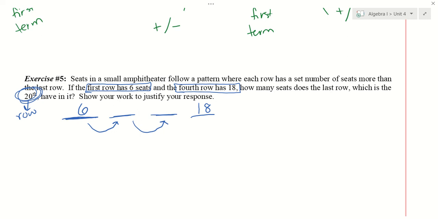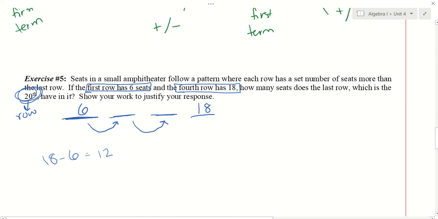Let's say if I put a 9 there, so I'm plus 3. 6 plus 3 is 9, plus 3 is 12, plus 3 is 15. Doesn't work. So you could use guess and check, or what I tend to do is 18 minus 6 is 12. So there's 12 seats.